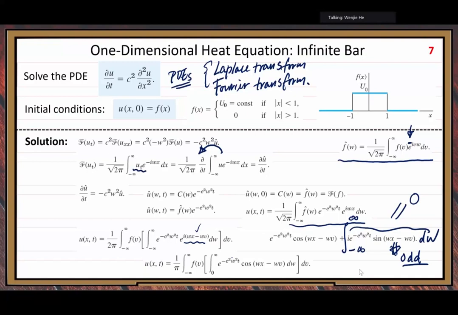But this expression is hard to find an integral for. For many complicated integrals, even Wolfram Alpha cannot do it. There is a big limitation.